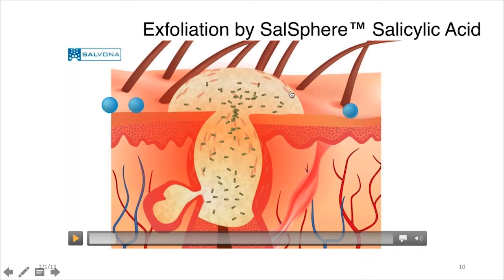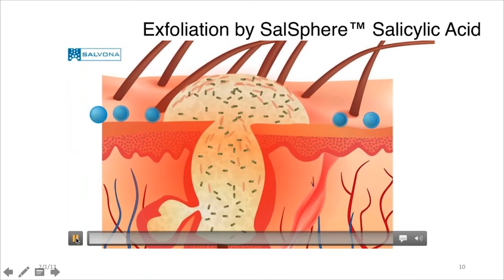Now, when we apply SalSphere salicylic acid in any kind, what's happening in the first event is the SalSphere particles tend to stick onto the pimple. The adhesion onto the pimple is a result of the hydrophobic affinity.